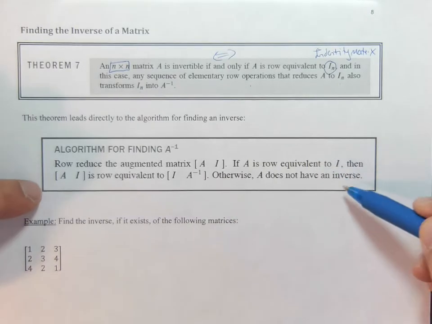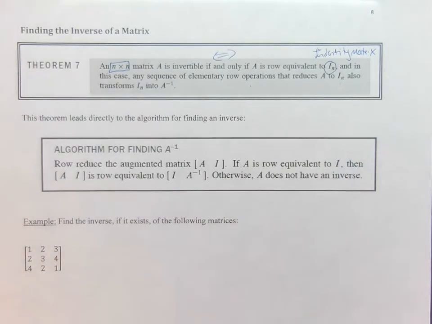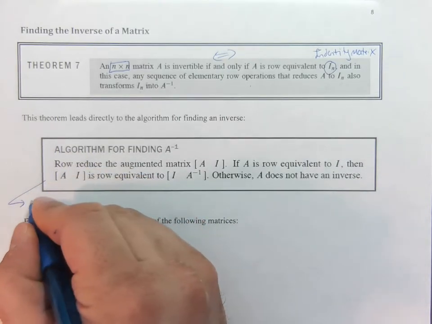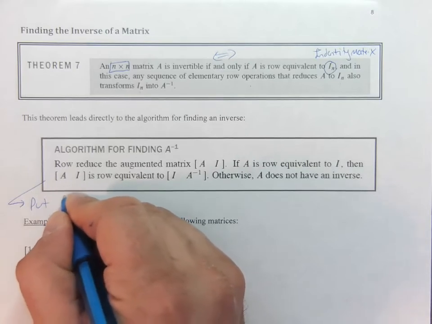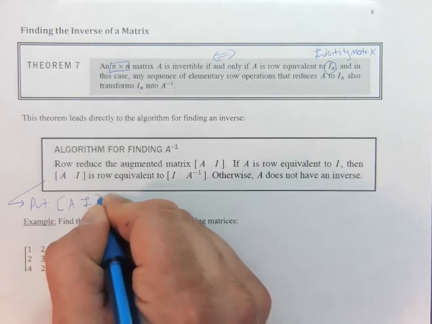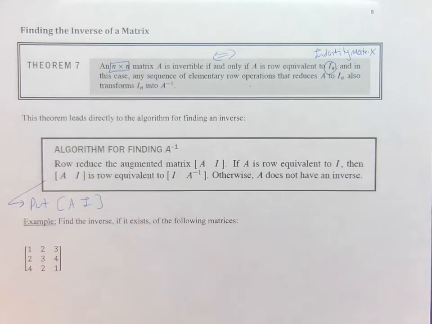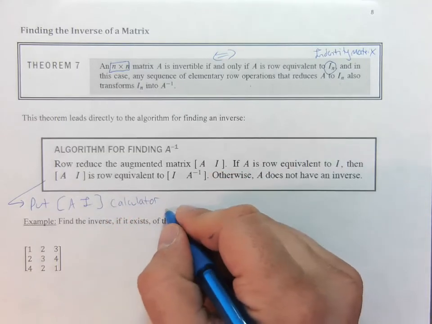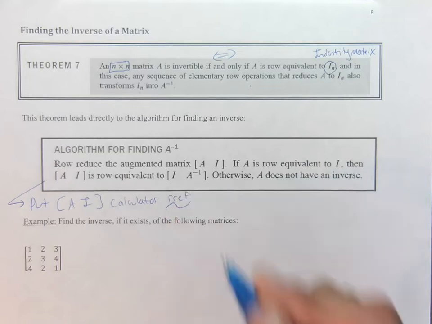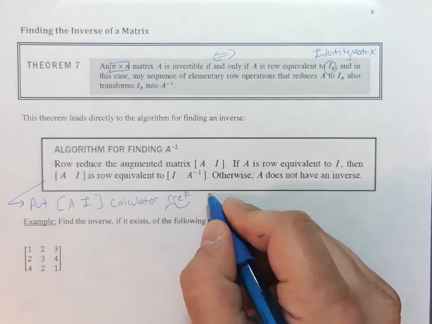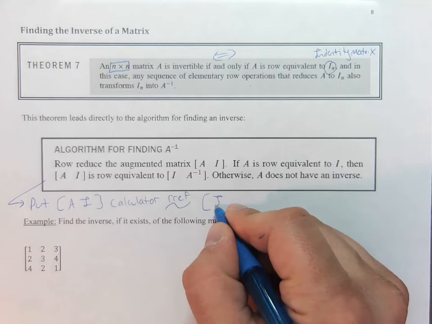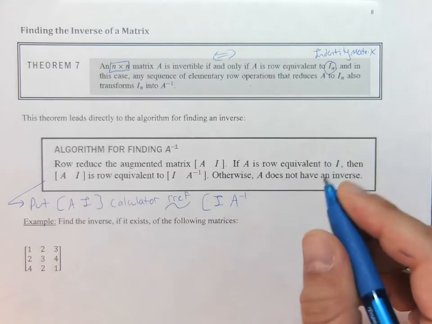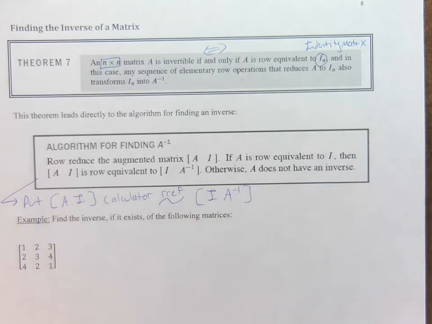I realize that, as I'm reading this, it's maybe not the most straightforward statement, so let me rephrase this and tell you the process. You put A and I into a matrix together. You use a calculator or some other row reduction technique to do row reduced echelon form, and when you do, you'll get the identity matrix where A used to be, and then the inverse will be where the identity matrix used to be.